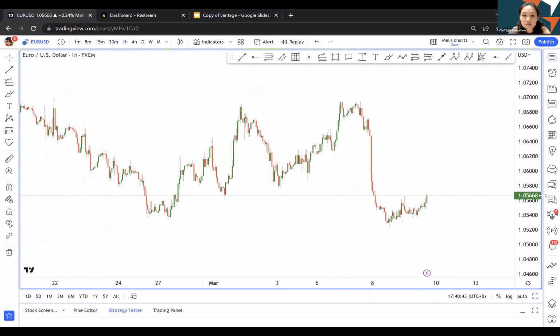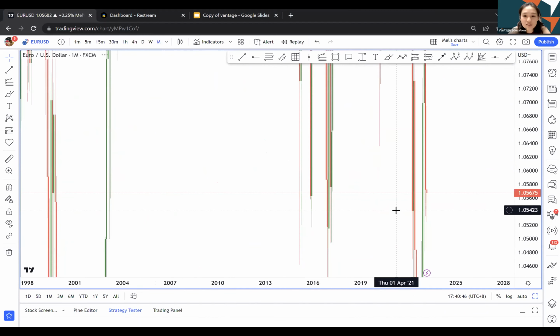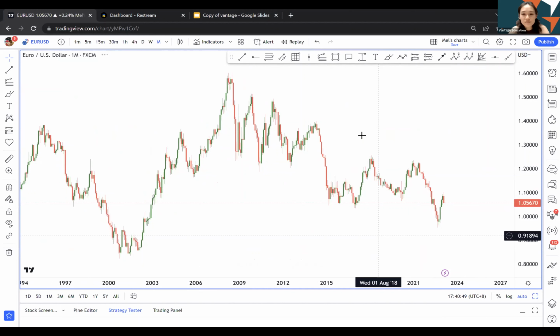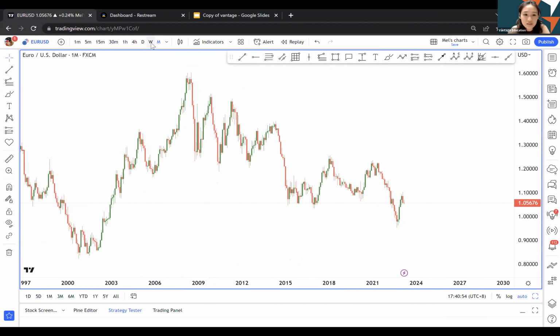Same thing, we're going to start with the monthly time frame. You can see there is a general downtrend for Euro USD.